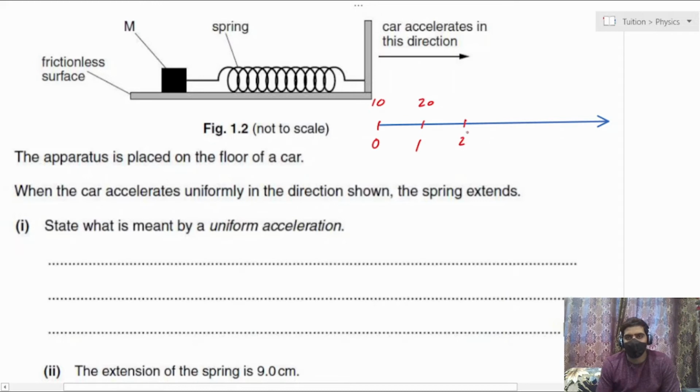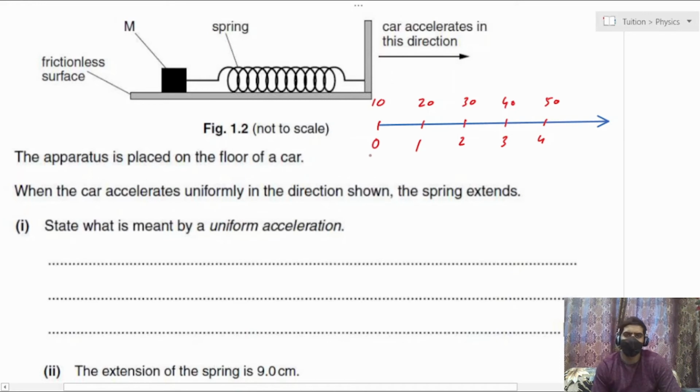When the time was 2 seconds, the velocity was 30 meter per second. When the time was 3 seconds, the velocity was 40 meter per second. And when 4 seconds have passed, the speed or velocity was 50 meter per second.